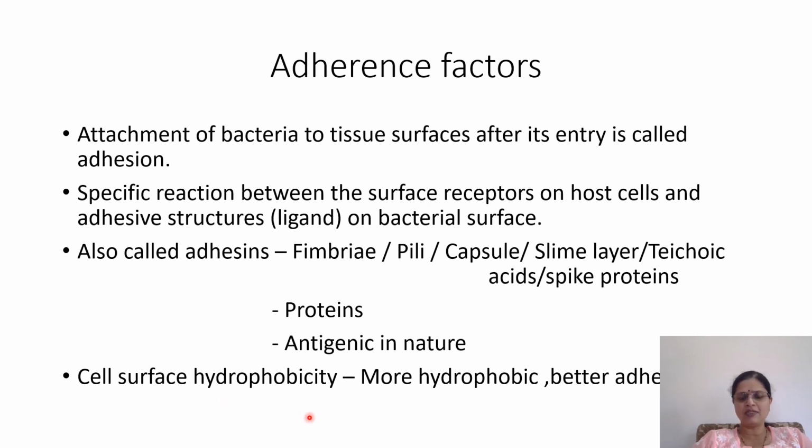See, hydrophobicity means repulsion against water or any liquid substance, right? So when the pathogen gets repelled by the liquid material inside the body, then it has a very good capacity to go and bind tightly on the surface of the body cells.